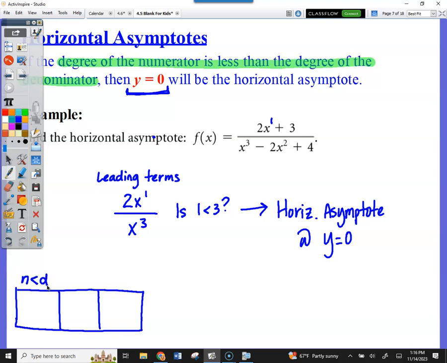I think the next one is equal. Let me make sure I do these in the same order. Yeah. You've got when the numerator is equal, and then you've got when the numerator is greater. So those are our 3 scenarios here, and we're going to practice one of each. So when the numerator is less than the denominator, bam, the answer is y equals 0 every time.